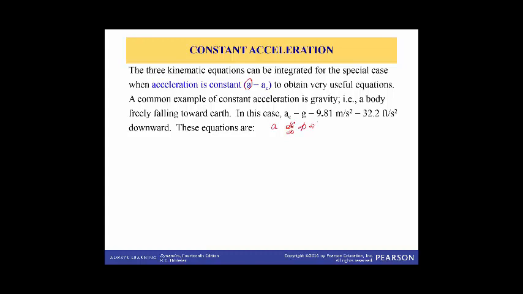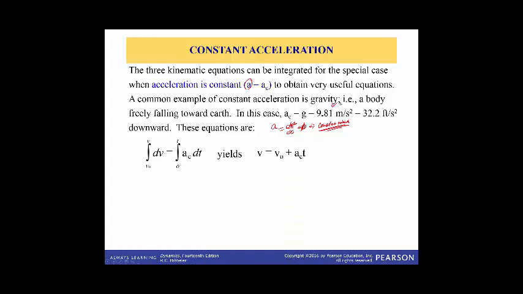If dv over dt equals 0 acceleration, you have constant velocity. If we have a falling object, then the acceleration would be the acceleration of gravity, which you should know by now. It's 9.81 meters per second squared, or 32.2 feet per second squared.